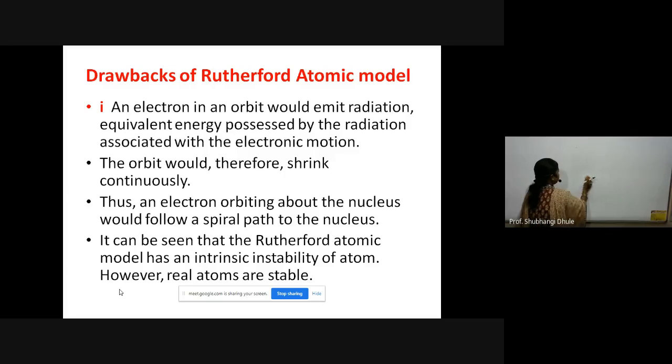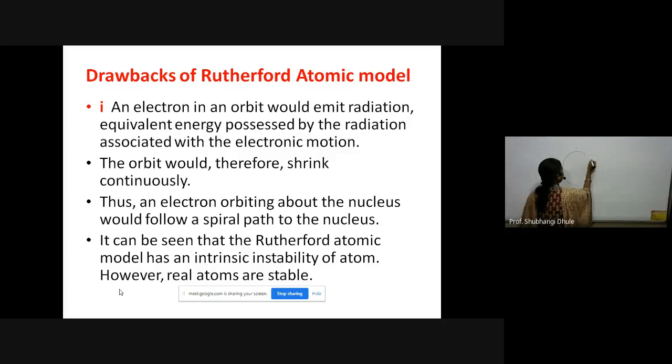Suppose this is the nucleus and this is the electron, and it revolves around the nucleus in a circular path. Then it should emit its energy, because it is revolving around a charged particle. According to other theories, it should emit its energy.